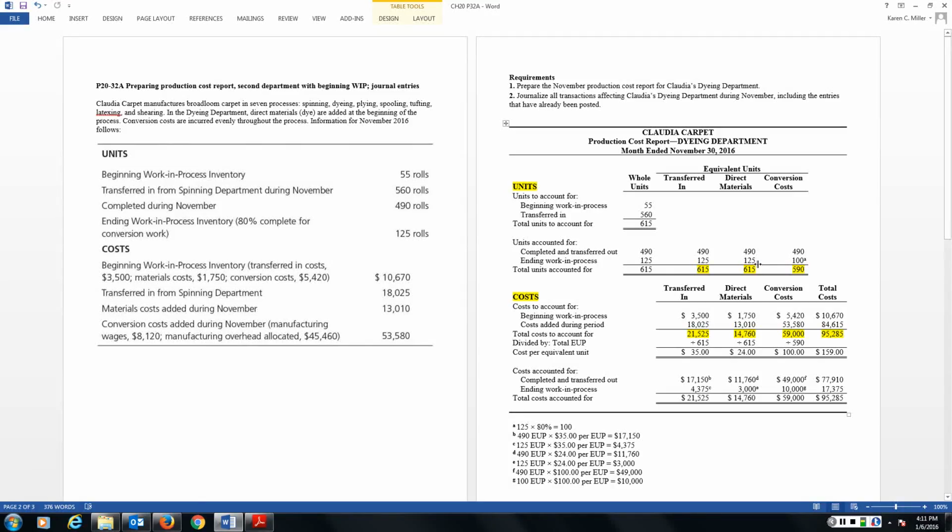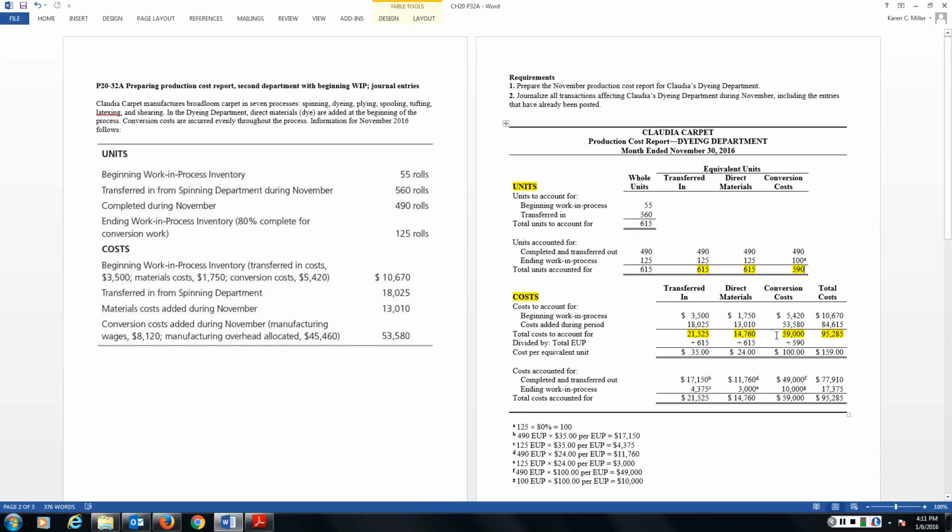So in essence, they're 100% complete. So this is the equivalent of 615 completed units, because all of the costs for materials have already been incurred. So $14,760 divided by 615 tells me that we are spending $25 per rug in direct materials.